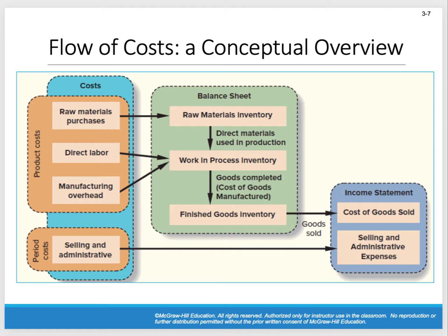We need various building materials: shingles, bricks, siding, right? So anytime we purchase raw materials, it sits on a balance sheet under an account called raw materials inventory. It just sits there, okay?